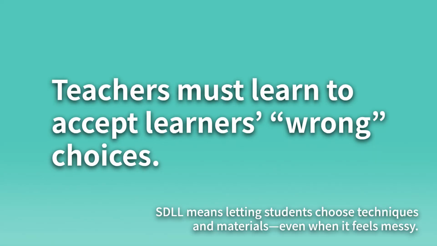As part of learning to become autonomous, learners will make mistakes, and that's okay. But it can be a little bit difficult for teachers to accept any kind of wrong choices, and we could probably put that in inverted commas, which learners may make concerning the techniques or the materials that they want to use in the classroom.